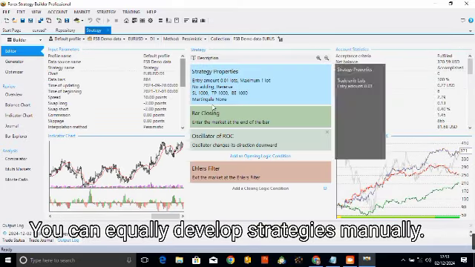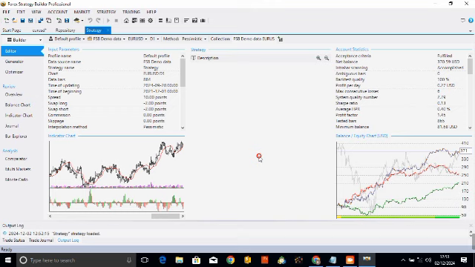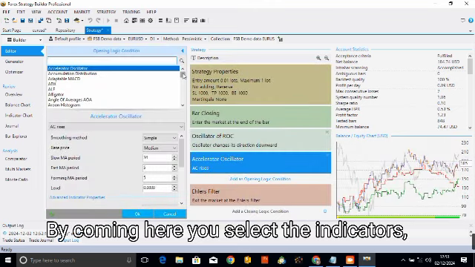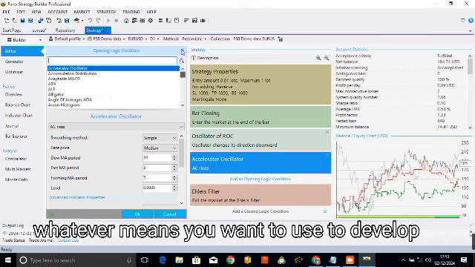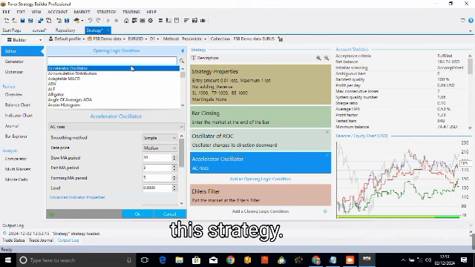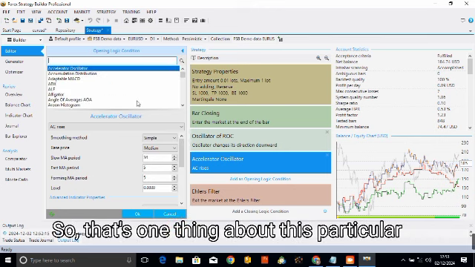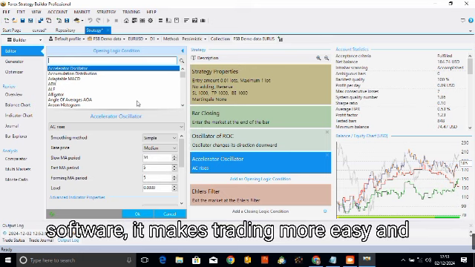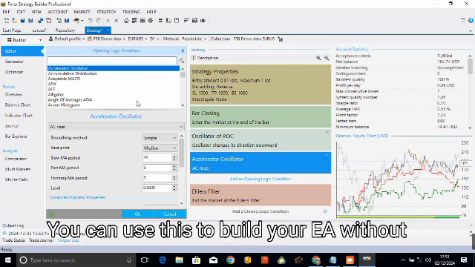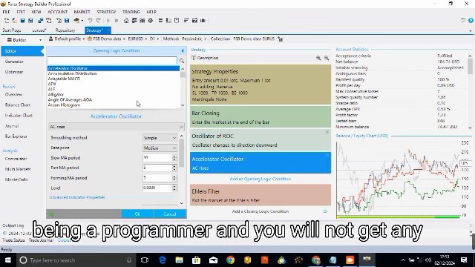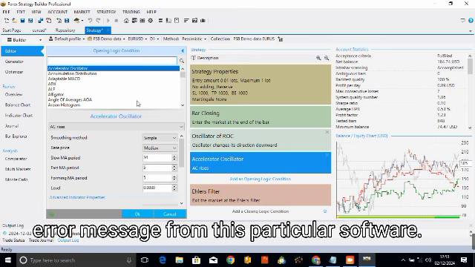You can equally develop strategies manually. By coming here, you select the indicators, whatever means you want to use to develop your strategy. So that's one thing about this particular software. It makes trading easier and more efficient. You can use this to build your EA without being a programmer, and you will not get any error message from this software.